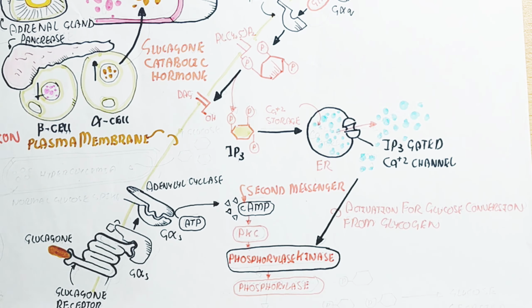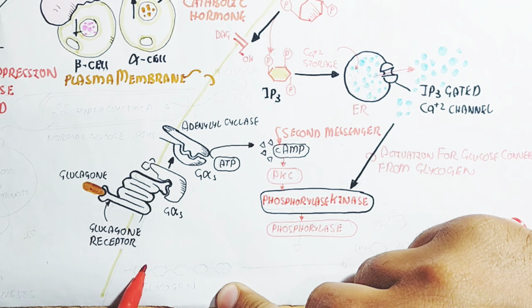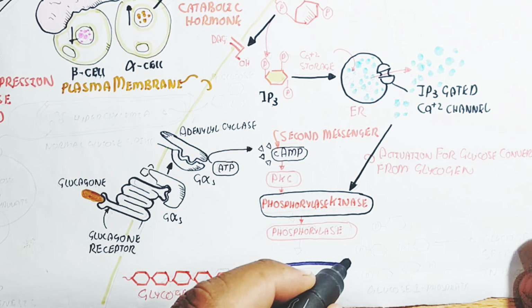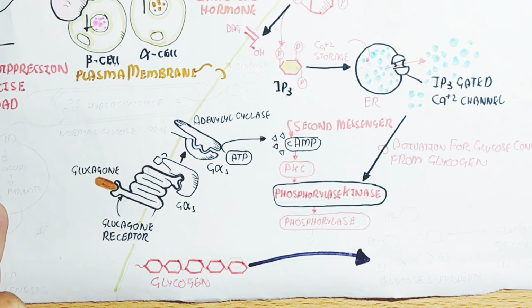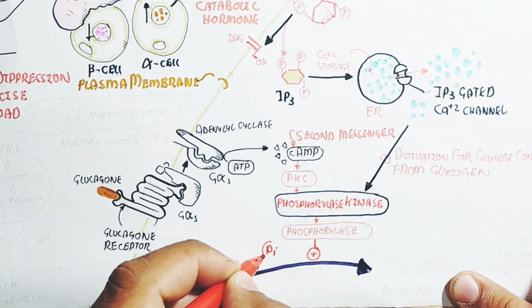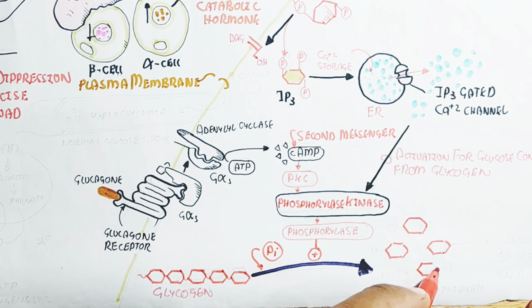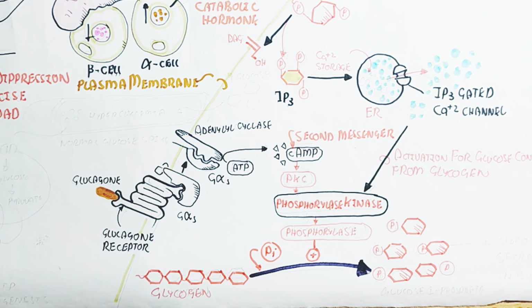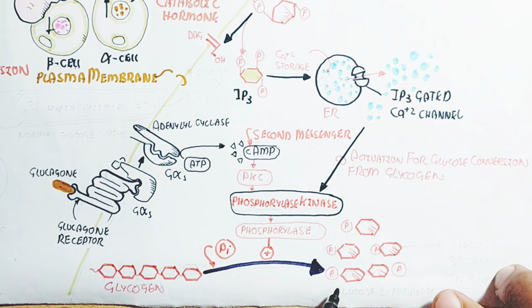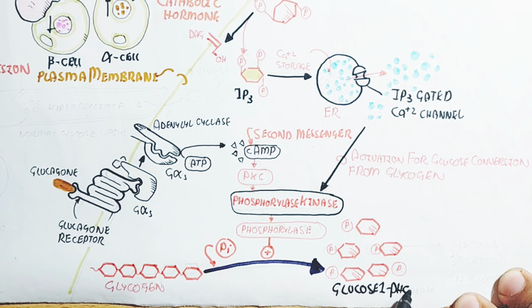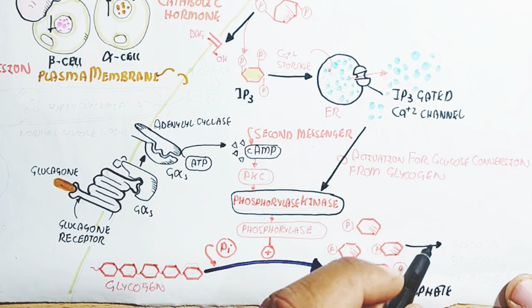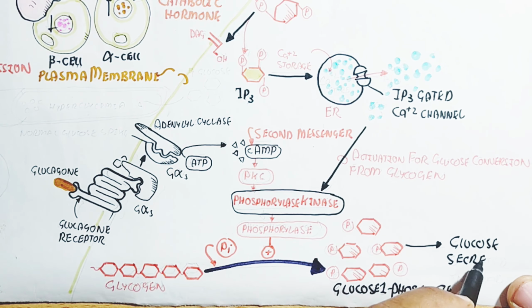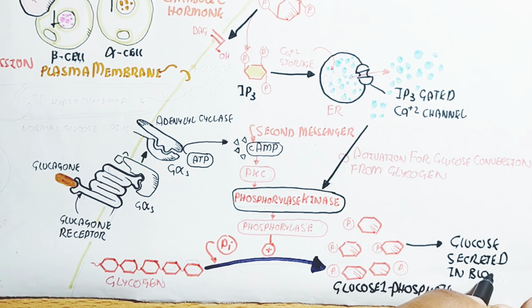This phosphorylase enzyme will phosphorylate glycogen, converting glycogen to separate glucose residues. Glucose 1-phosphate will be separated, while glucose is secreted into the blood. Glucose will enter the blood whenever the simple sugar occurs, so it moves out of the cell.